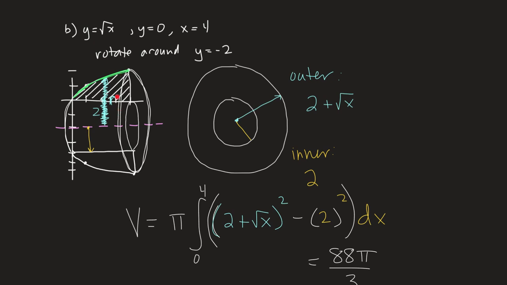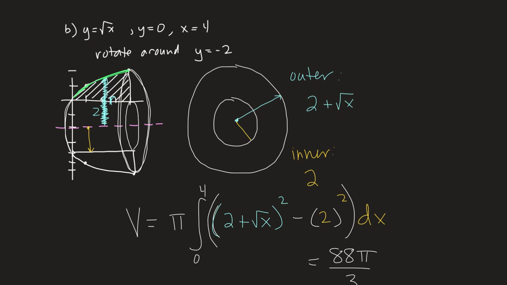The outer radius was x cubed, and the inner radius was x squared. So to find the gap, we subtract them, top minus bottom, and then we integrate. Here we have holes, so we have two individual radii that we have to find the lengths of, and then plug into our formula, pi times outer radius squared minus inner radius squared.